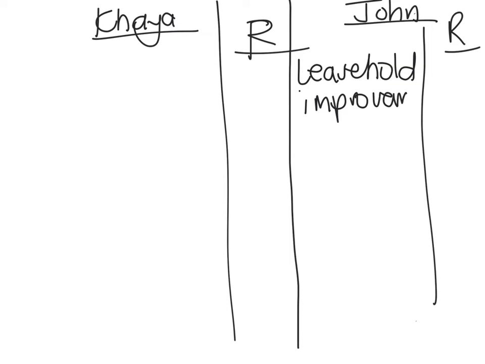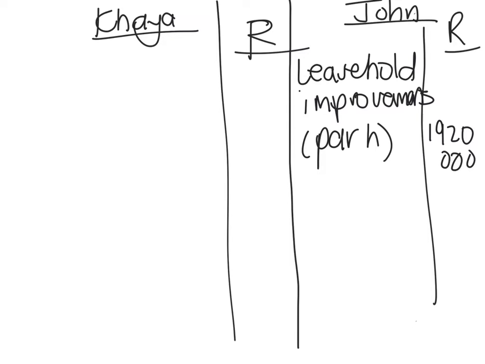But those leasehold improvements improve John's property, so he will include it in gross income by virtue of paragraph H. And like I said, for the lessor, it is always the amount stipulated in the agreement.